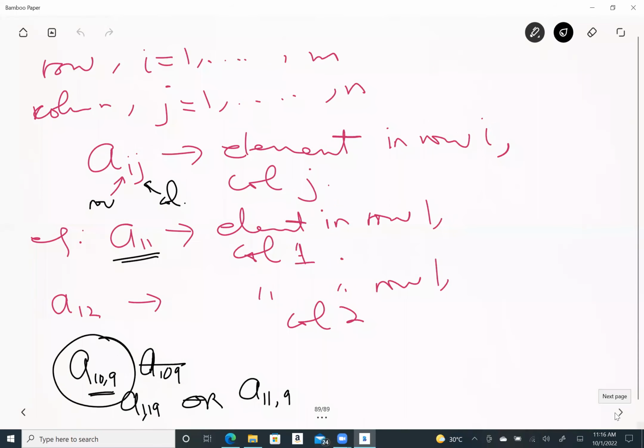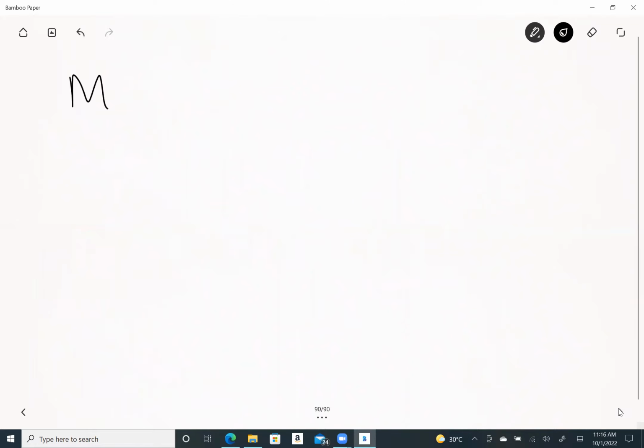So that M equal to 3 by 4. I have 3 rows, all right? And then I have 4 columns, 3 by 4.